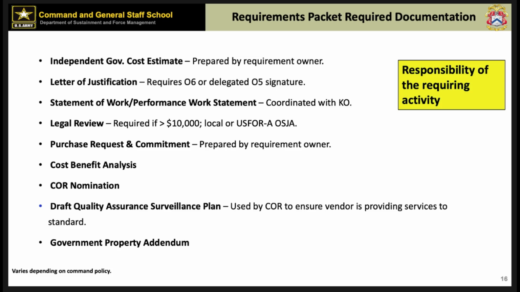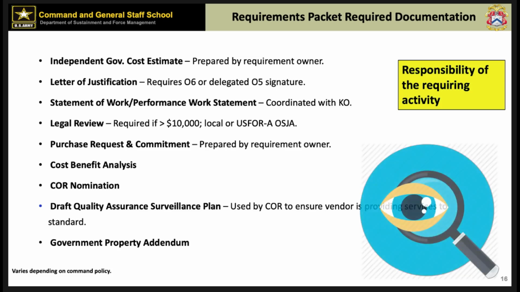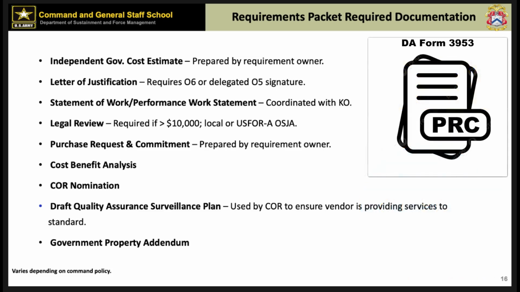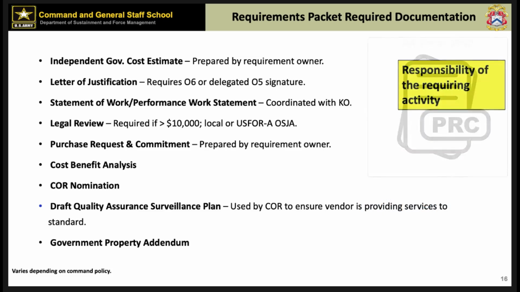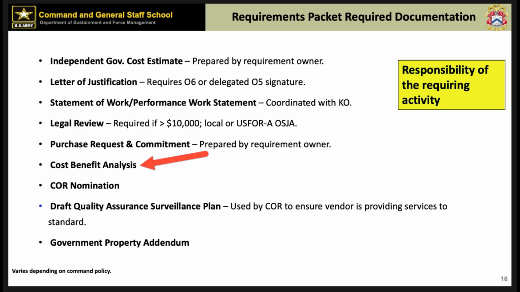Under certain circumstances, a legal review may be required. The purchase request and commitment, PR&C, prepared by the requirement owner formally requests the contract and allocates funds. A cost-benefit analysis assesses the contract's value.